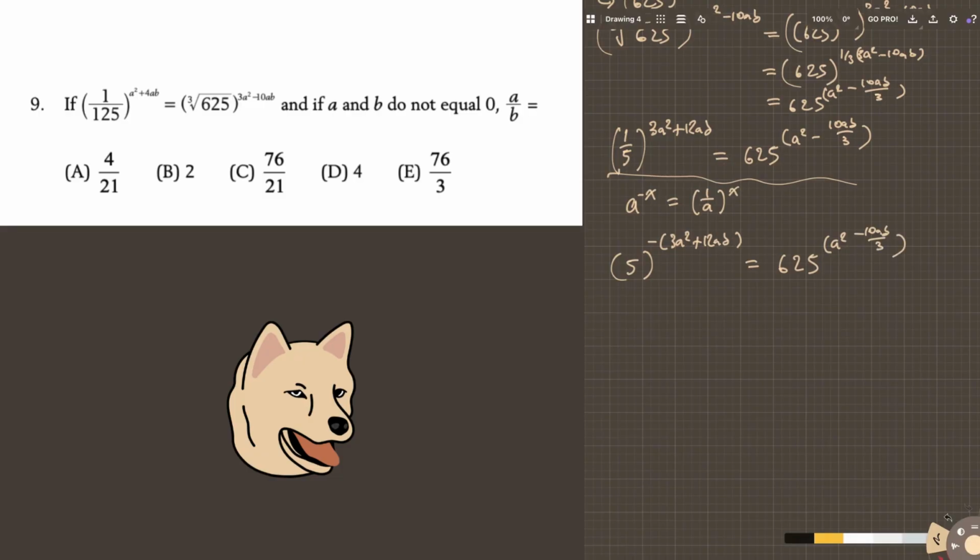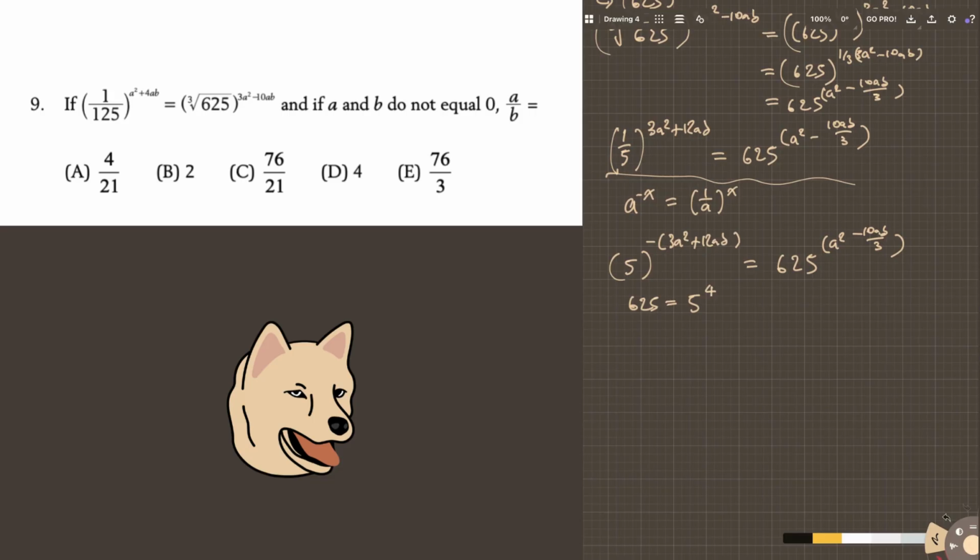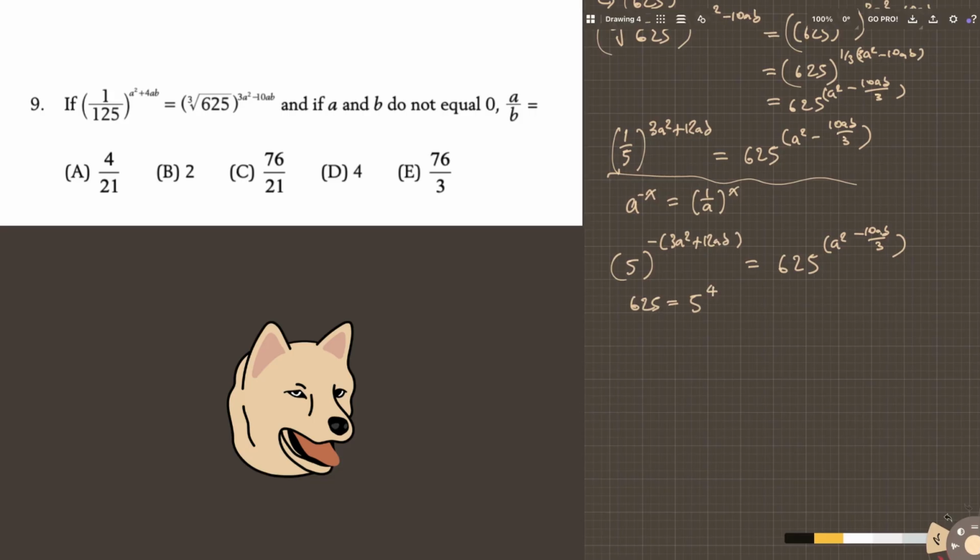Now we also know that 625 is equal to 5 to the power of 4. If you didn't know this, now you know. You can just plug it into your calculator and use the logarithm to find out.